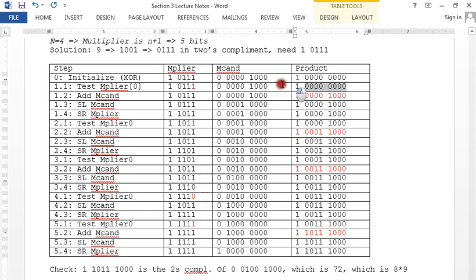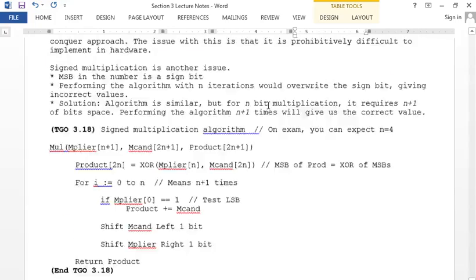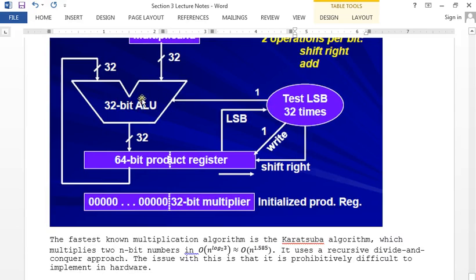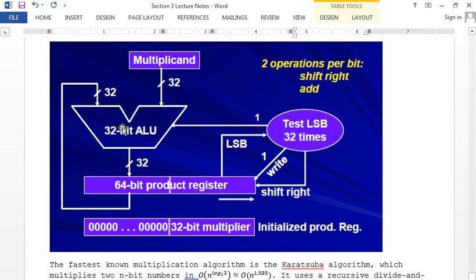And as a hint, what did you add it to? I add it to the product. You add the multiplicand to the product. So this plus this was stored back into the product. So to go back to my document, we're taking the multiplicand, adding it and putting it back in the product register.